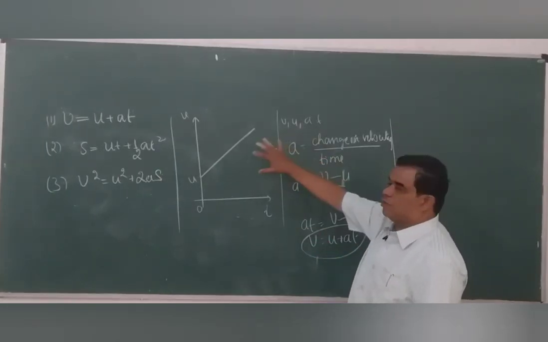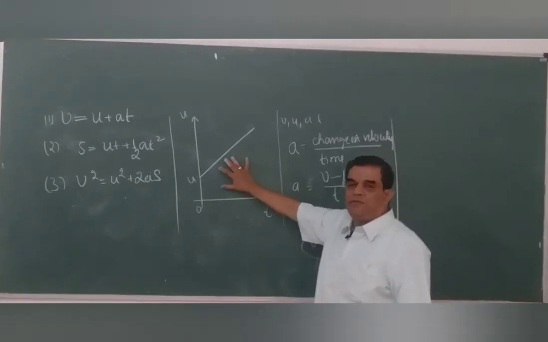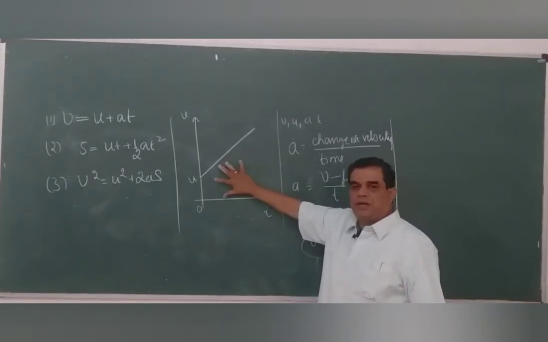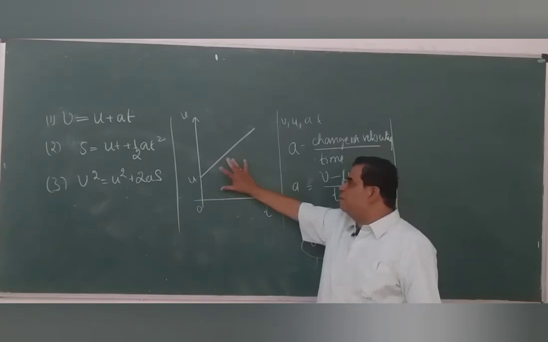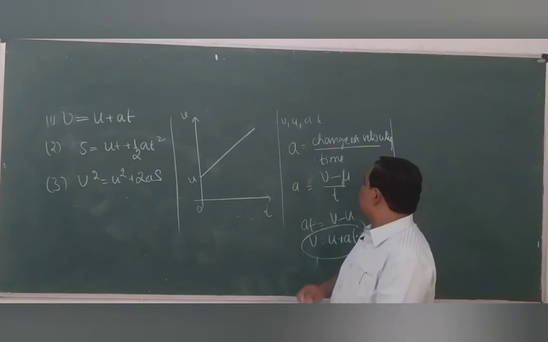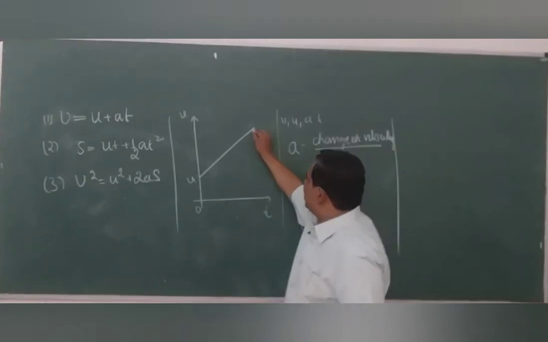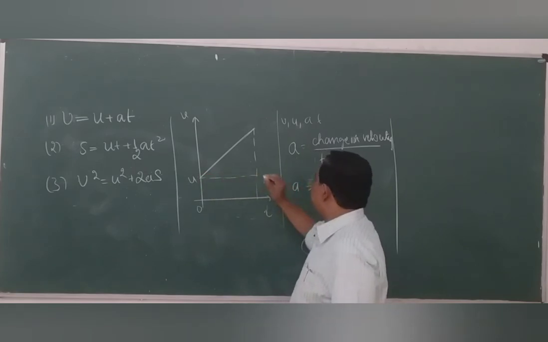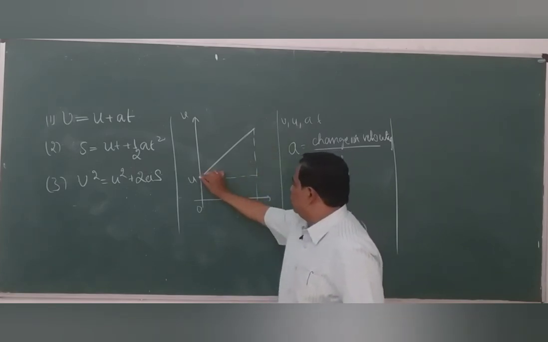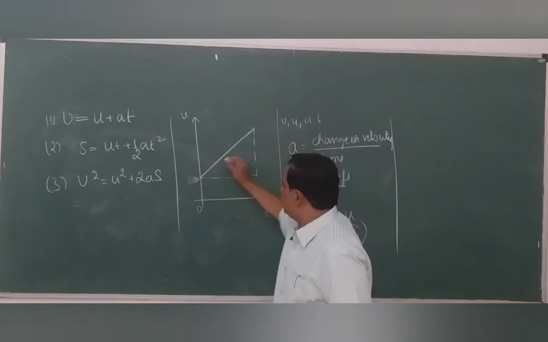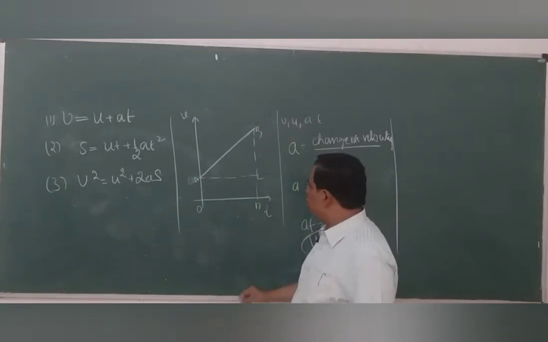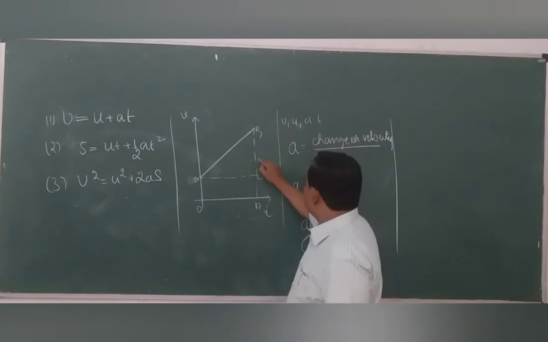Again, to derive V equals U plus AT, we started with a VT graph of an object starting with initial velocity, moving with uniform acceleration, and for that I took a slope there. Slope means I write it down now. You are supposed to complete the graph. Say, if you want, you can call these points A, B, C, D, like this. Now, slope means BC by AC.